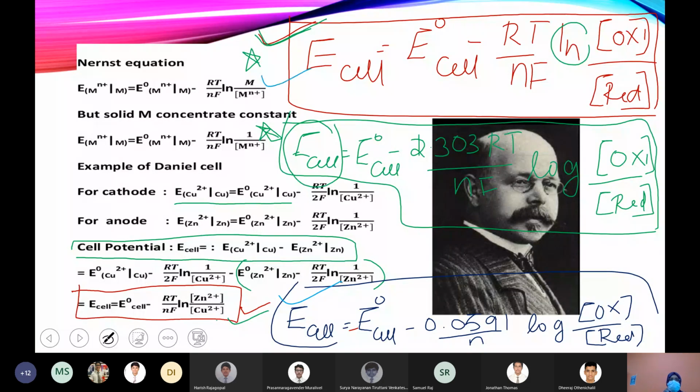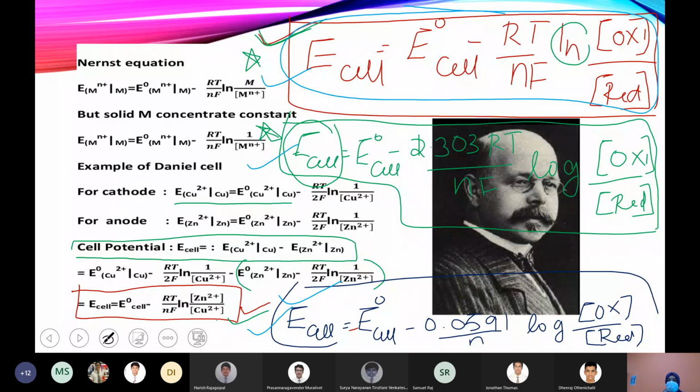These three equations you should write, and you should know when to use what. This is the raw equation that Nernst derived for any E cell. Because natural logarithm was in use at that time, we have to convert it into logarithm to the base 10.